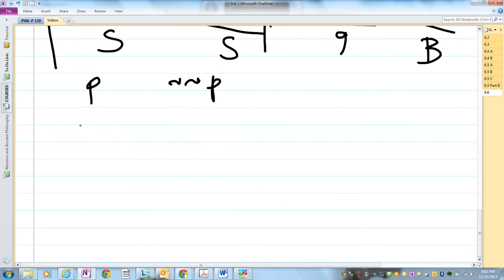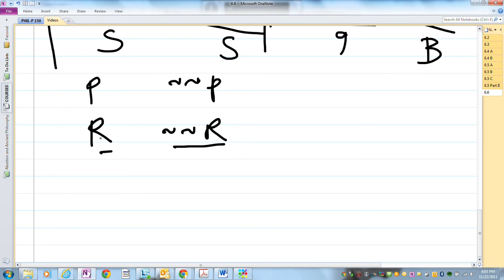So if you say it's raining, and then you say it's not true that it's not raining, that's just another way, more cumbersome and longer, but still another way of saying it's raining. So as long as you stick the two negations in front of a formula, you're saying the same thing.